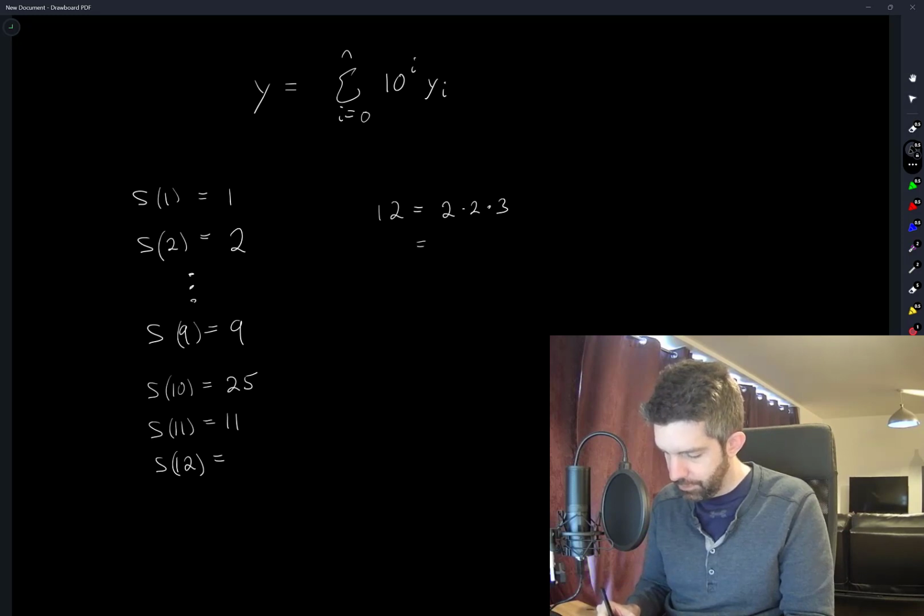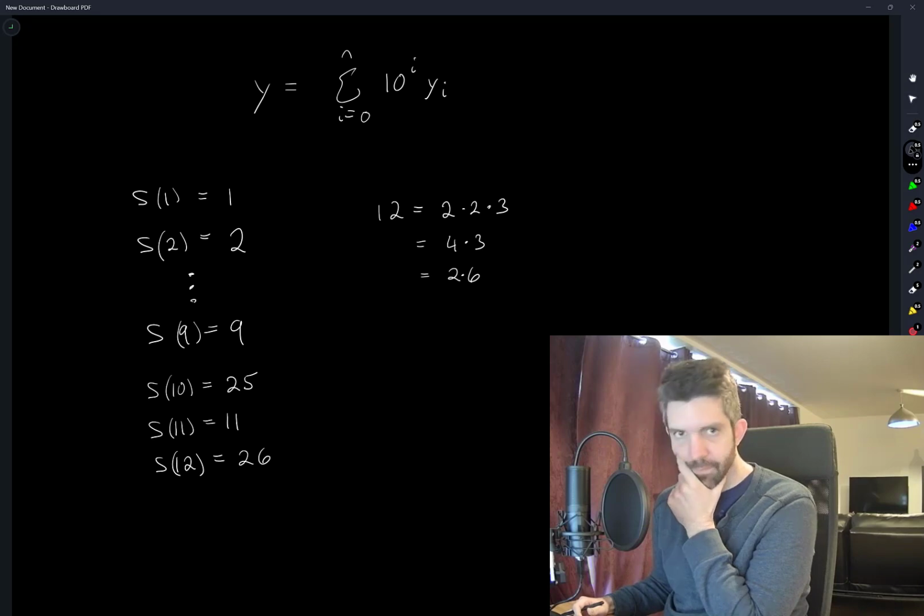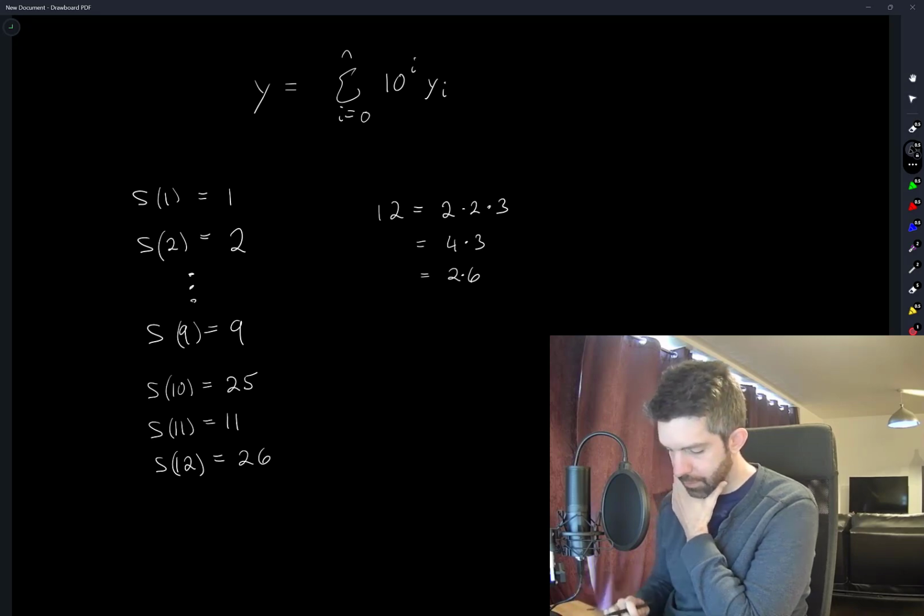It's also equal to 4 times 3. So, 34 seems to probably work. No, actually it doesn't. 26 is smaller. I think that's going to be the smallest one.